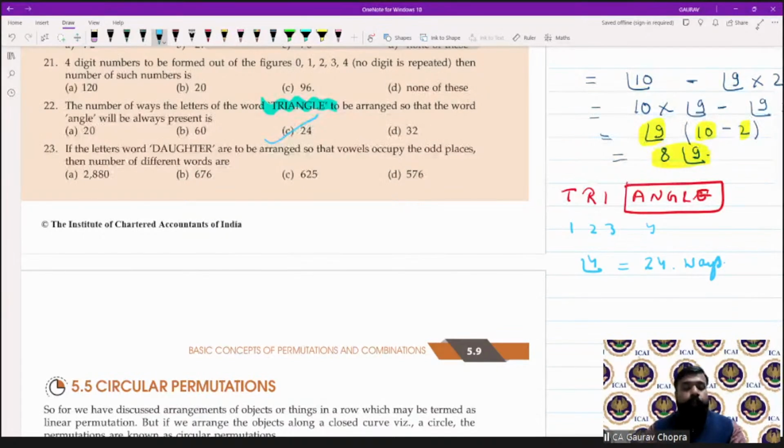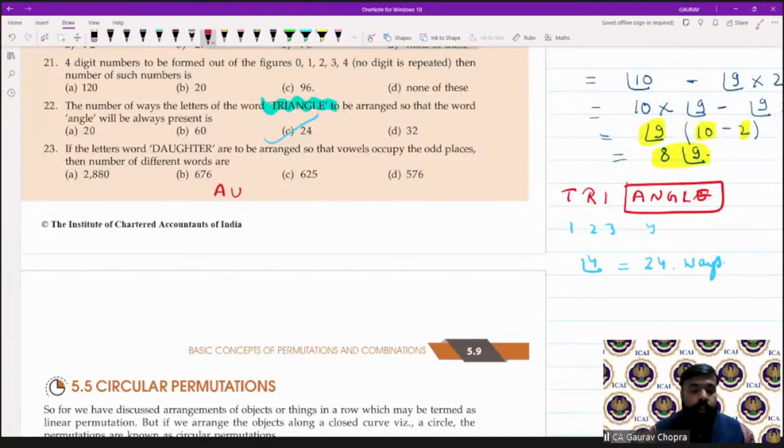Then the next is 23rd. If the letters of the word daughter are to be arranged so that vowels occupy the odd places, then the number of different words are. So vowels should occupy the odd places. What are the vowels in daughter?